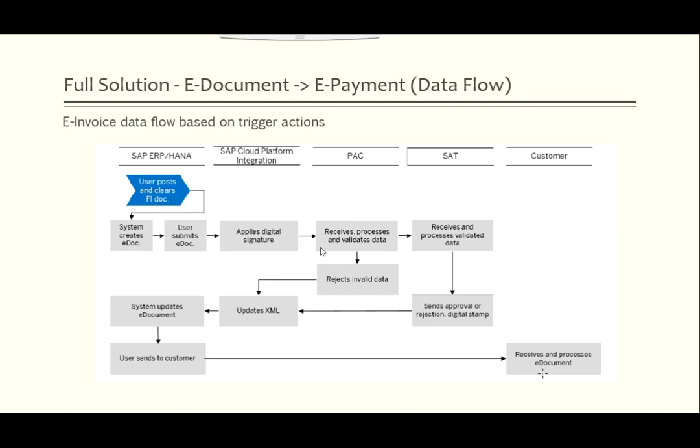Once SAT approves the data, it will come to SAP CPI, that is Cloud Platform Integration, and it will update the ERP system. Once the document is approved and the status is updated in the ERP system, we can send that information to the customer for their information.